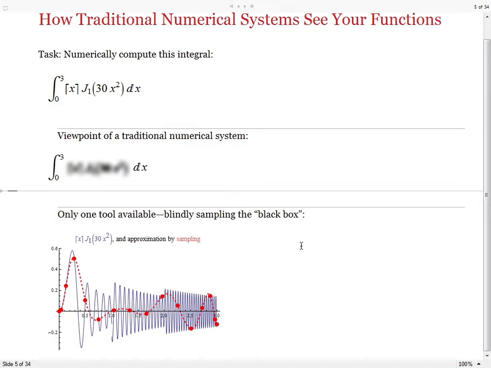The problem is that this blind numerical sampling often misses all the interesting or important features of the problem. You can see that for this integrand, blindly sampling the function hardly gives you any useful information at all about the overall shape or behavior of this function or its integral.